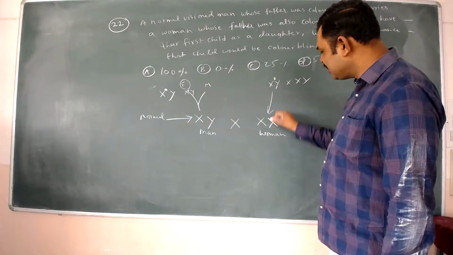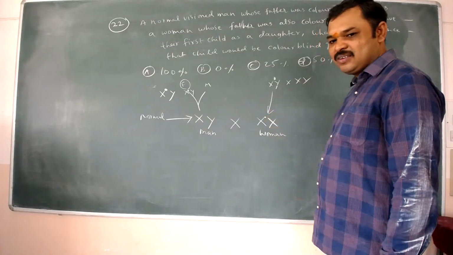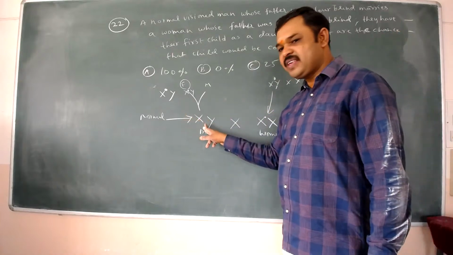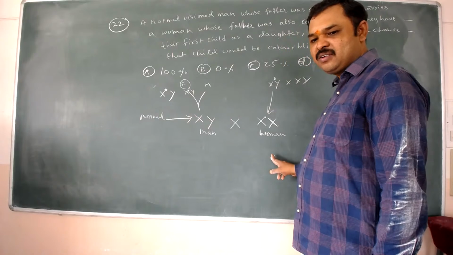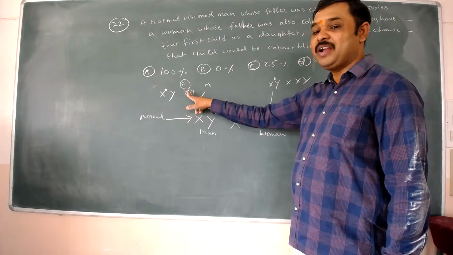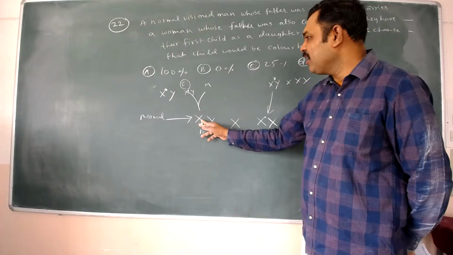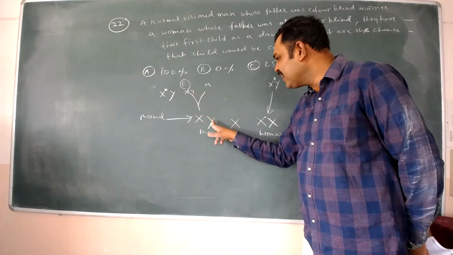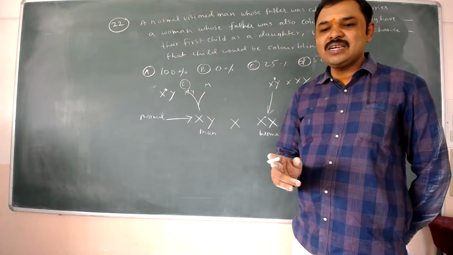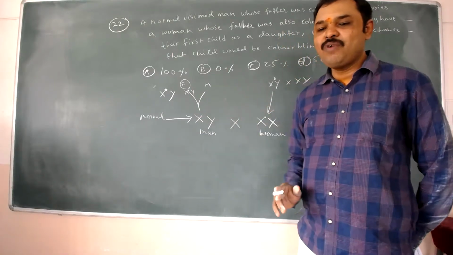So was this colorblind gene passed to the woman? Yes. Here he is a man, she is a woman. This man's father was colorblind, but he is normal. Why is he normal? Because from his father he got the Y chromosome. Male children get the Y chromosome from the father.